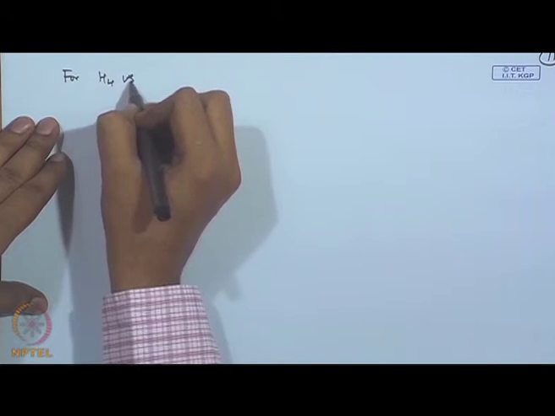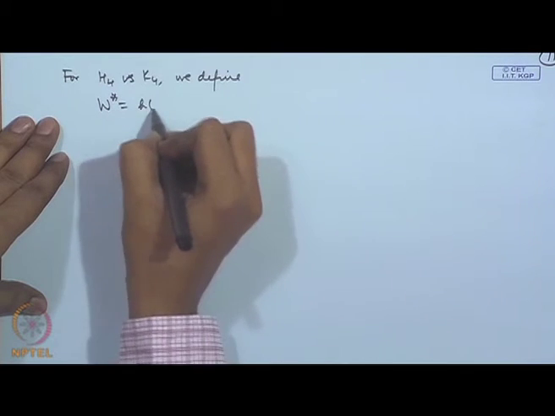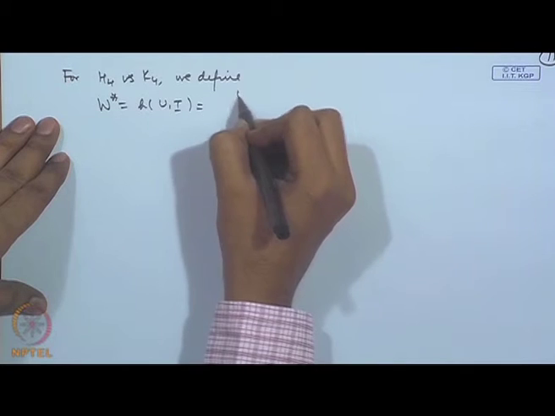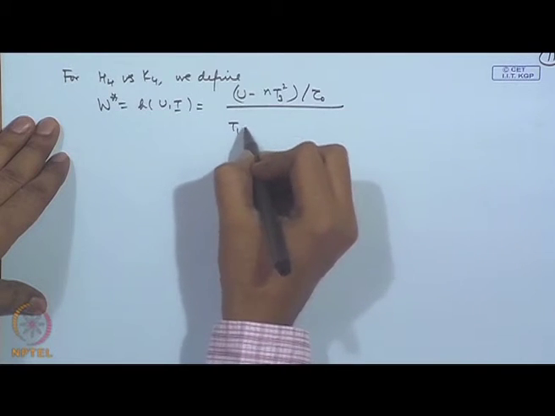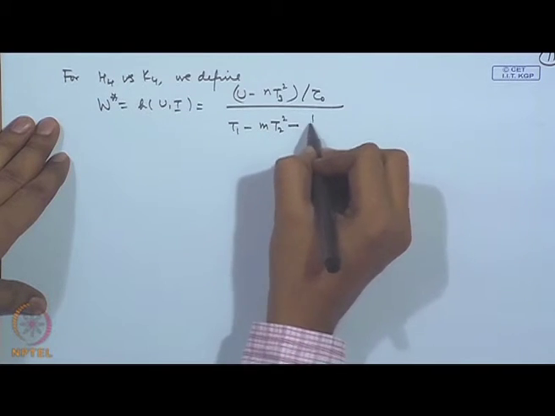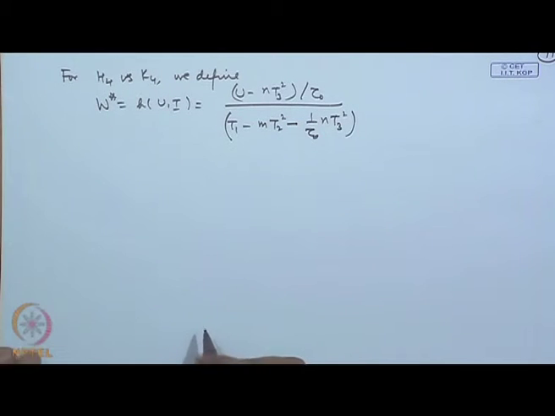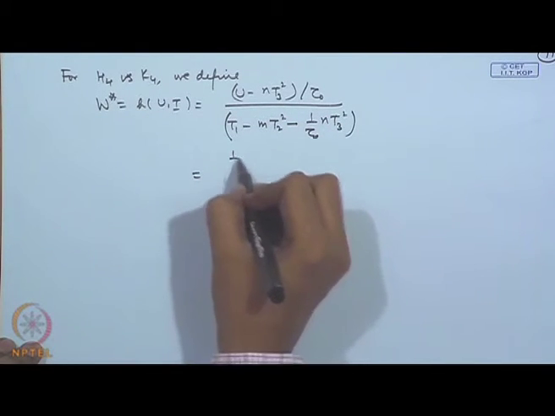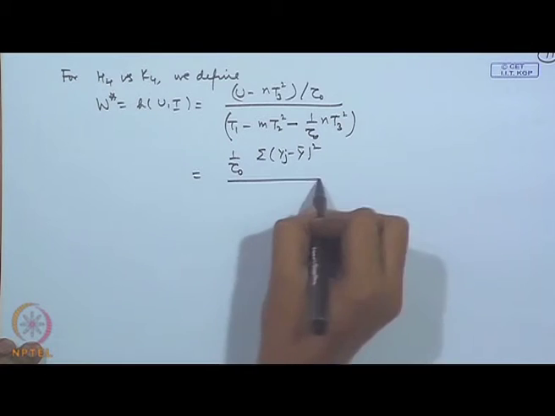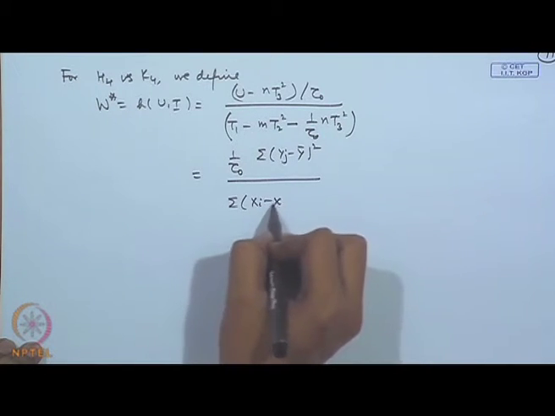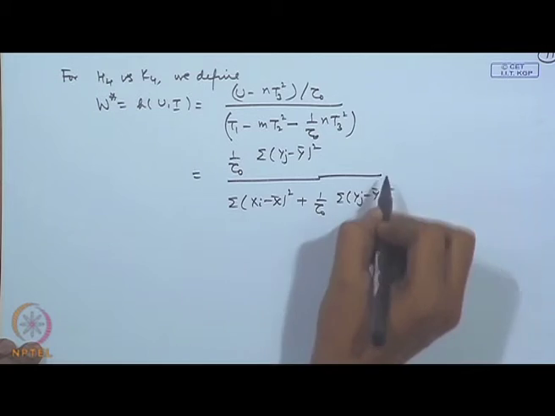For H4 versus K4, we define, say, W star is equal to H(u, t), that is equal to (u minus n t3 square divided by tau naught) divided by (t1 minus m t2 square minus 1 by tau naught n t3 square), that is equal to 1 by tau naught sigma (yj minus y bar) square divided by sigma (xi minus x bar) square plus 1 by tau naught sigma (yj minus y bar) square.